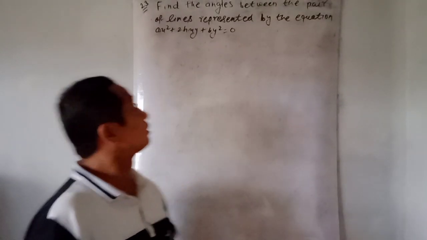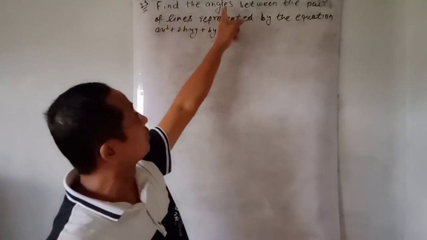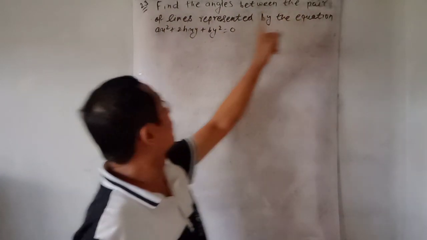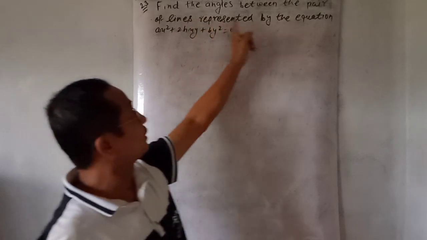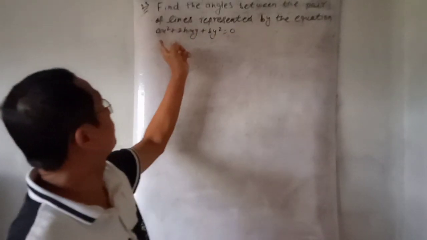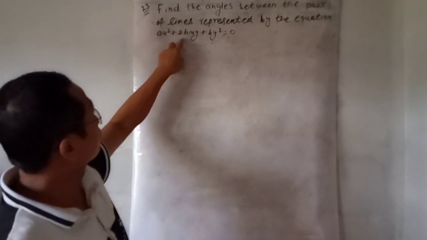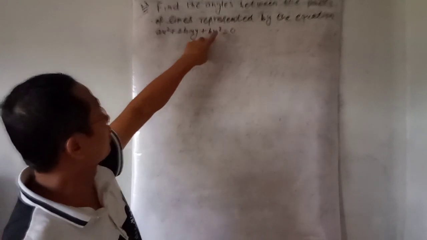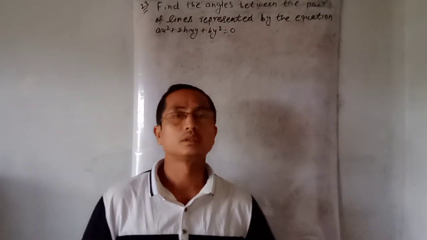The question: find the angles between the pair of lines represented by the equation ax square plus 2hxy plus by square is equal to 0.